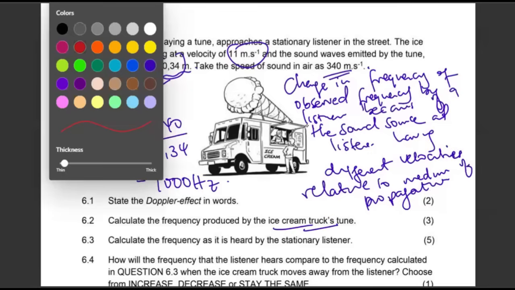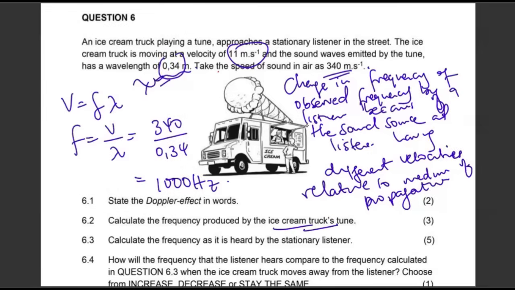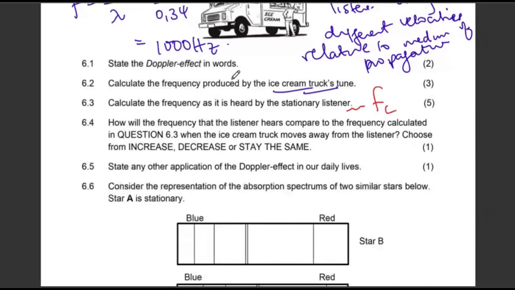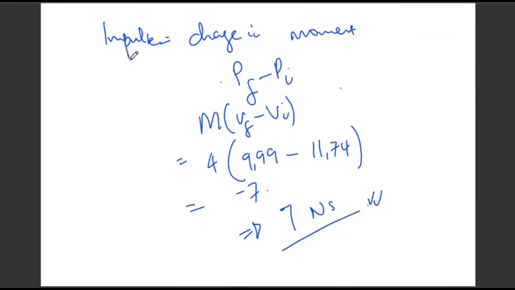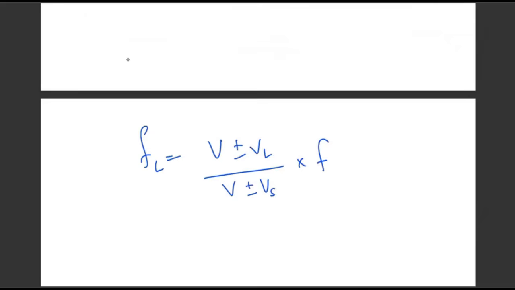Then now we move on to calculate the frequency as it's heard by the listener. We need the frequency of the listener. So we can use the Doppler formula, starting by writing the formula down: the frequency of the listener is given as V plus or minus VL over V plus or minus Vs times the frequency of the source.